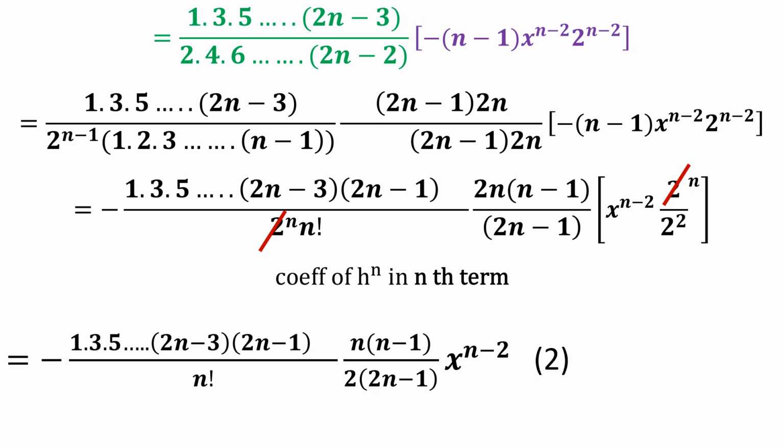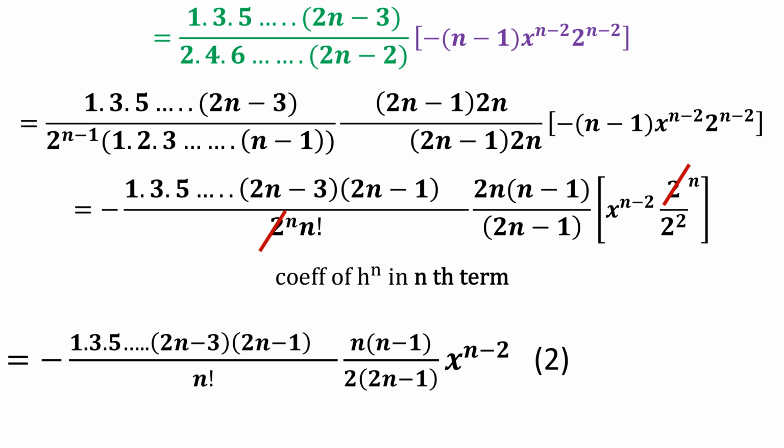2 to the power n here cancelled with the 2 to the power n minus 2 is here. It means to get 2 to the power n, we have to divide and multiply it by 2 square, right? 2 square can be observed here, and left is only here. So 2 to the power n, 2 to the power n cancelled.